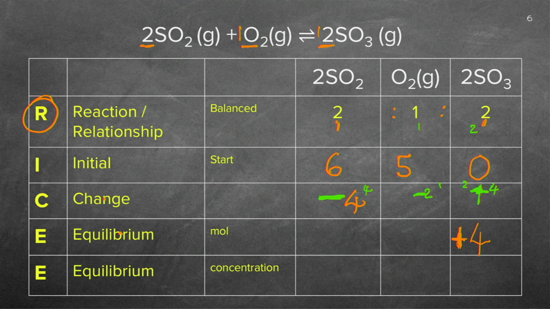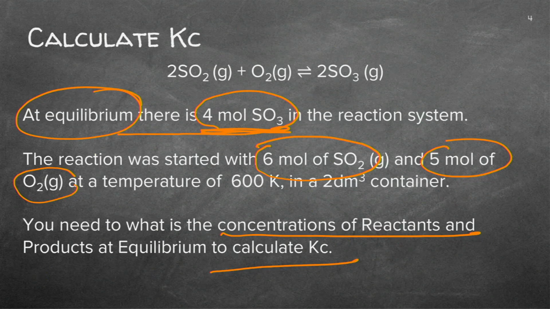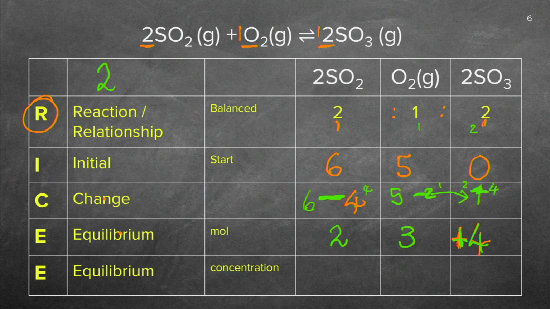With what did I start? I started off with 6. 6 minus 4 is 2. I started with 5, 2 being used that way, 3 left, and I got 4 here. And another piece of information was it's in a 2 cubic decimeter container, which I usually write there.